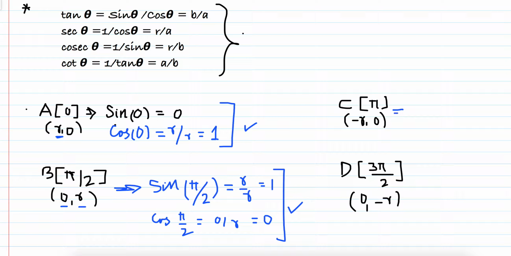Now when theta is pi, we get sine pi. Again B is 0, so it will be B upon R, that is 0. And cos pi, here A is minus R, so we will get minus R upon R, which is equal to minus 1.